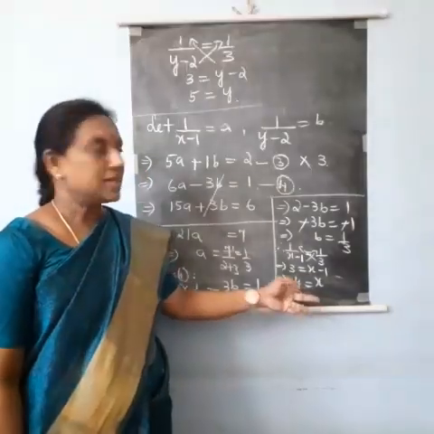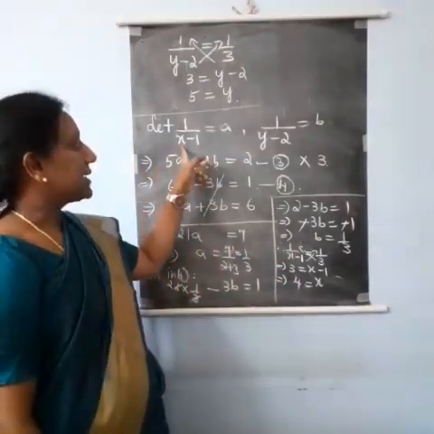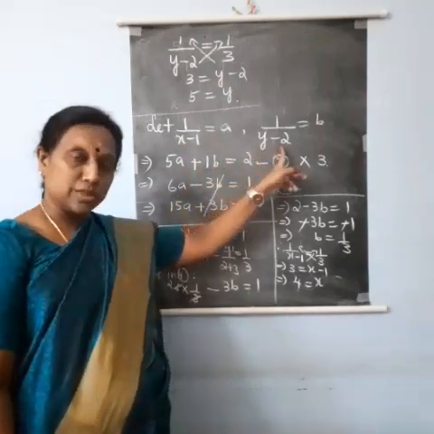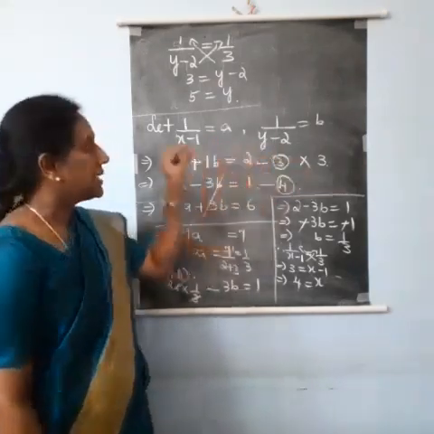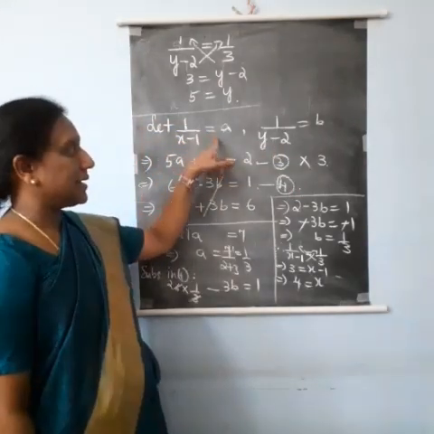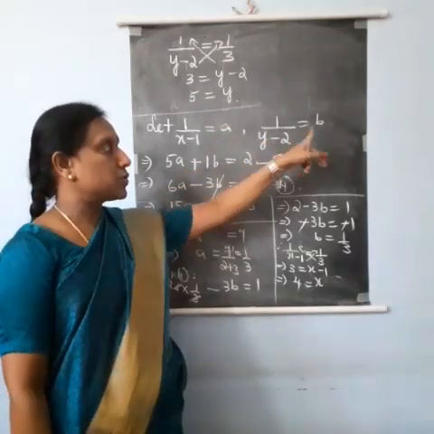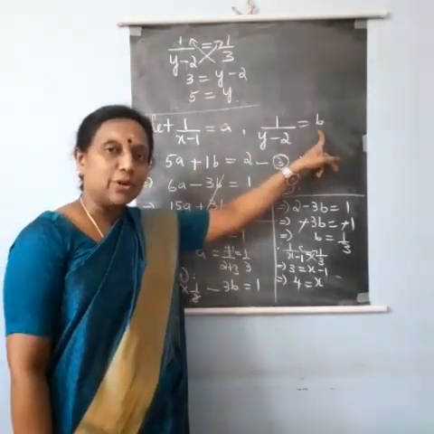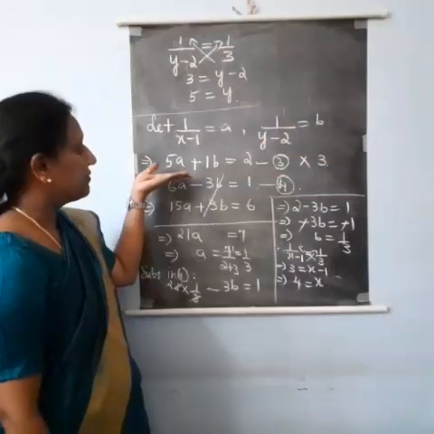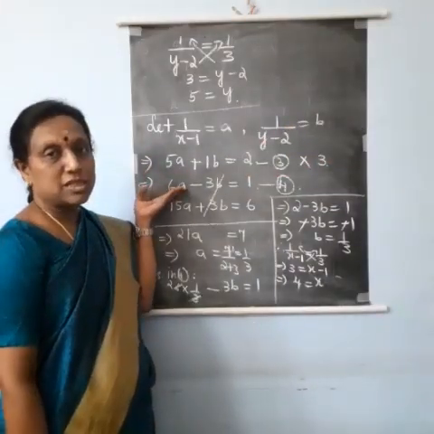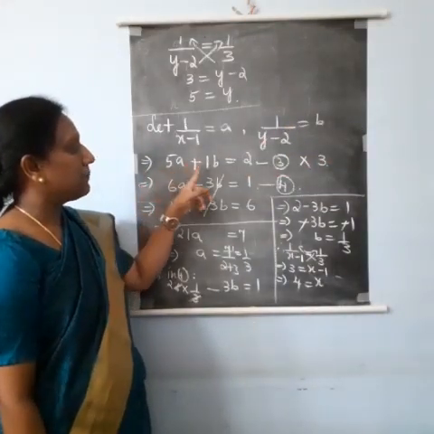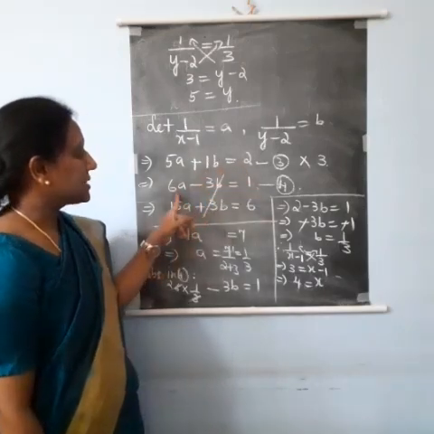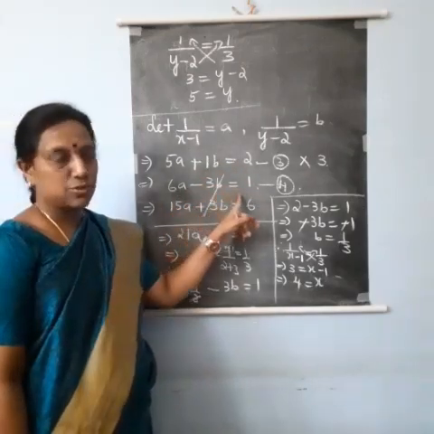Have you understood, children? So what did we do? When we had x minus 1 and y minus 2 in the denominator, we have taken 1 by x minus 1 as a and 1 by y minus 2 as b. Once we have got that, I have substituted in the equations to get 5a plus 1b equal to 2 and 6a minus 3b equal to 1.